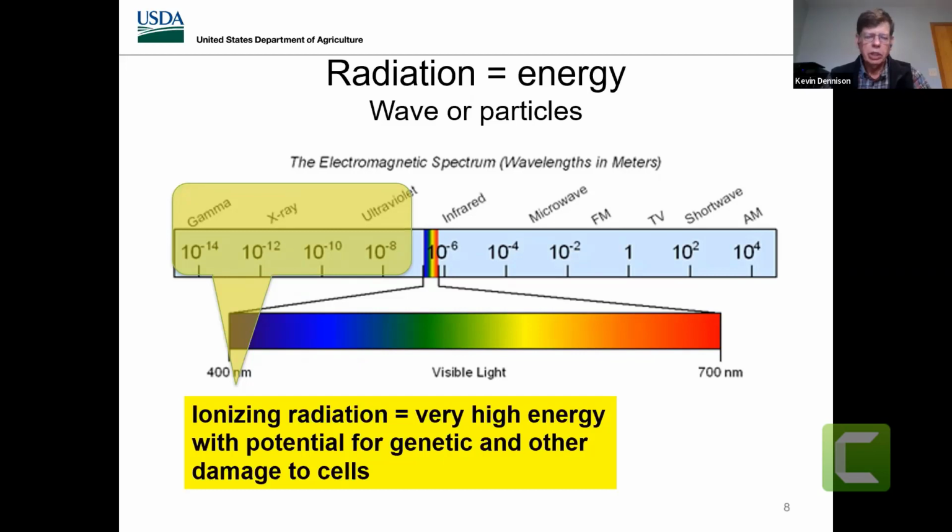Looking at this spectrum of wave or photon energies, visible light is a very narrow spectrum that we use to navigate our lives, but beyond that, to the lower frequency is infrared, and then we get into the very long wave radiation: microwave, FM, TV, shortwave, AM, and even long wave radiation from power line emissions.